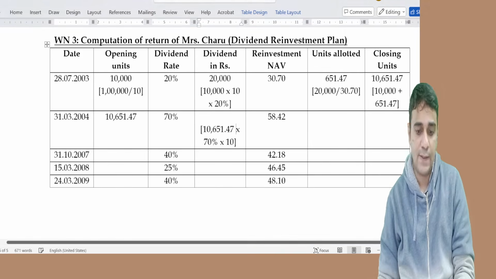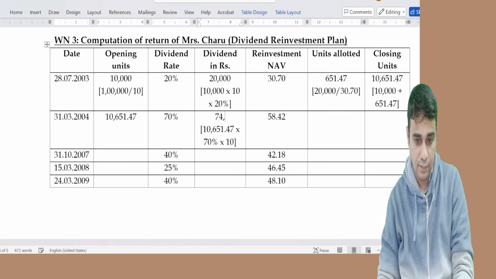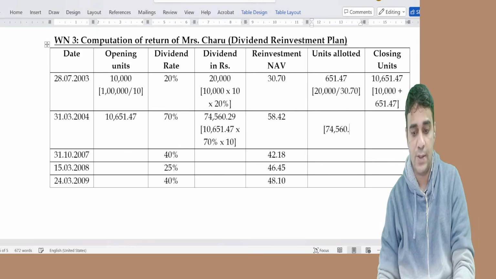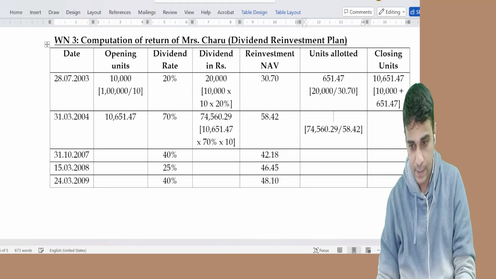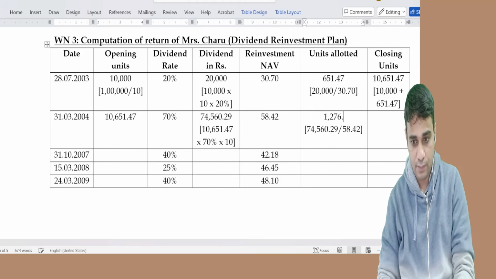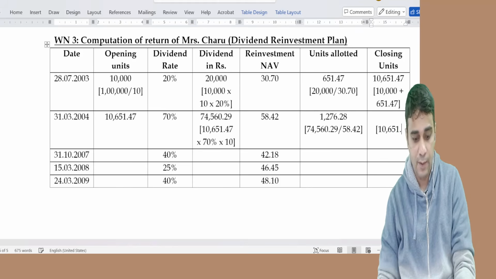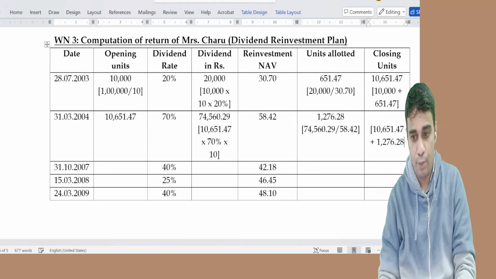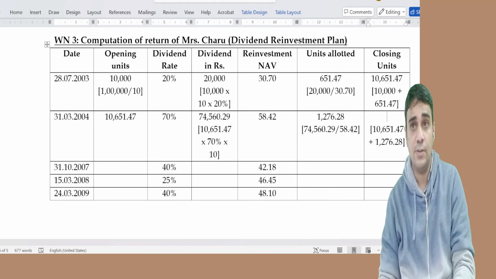Dividends can also be 2 decimal. 70.29 extra units. 74560.29 divided by 58.28. Closing 10,651 plus 1276.28, 11,000.